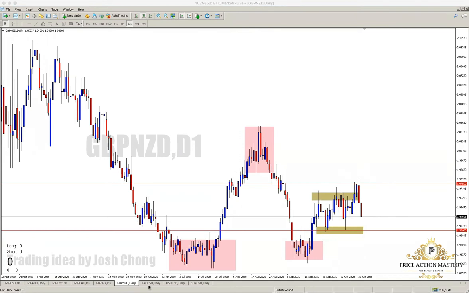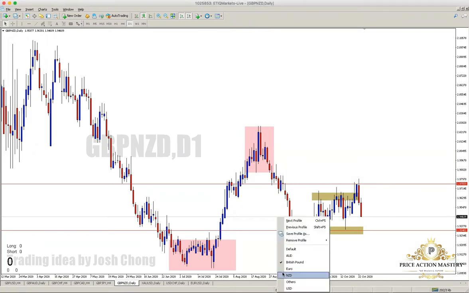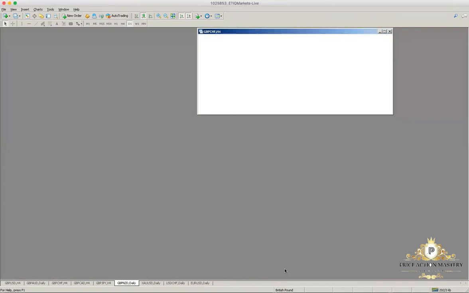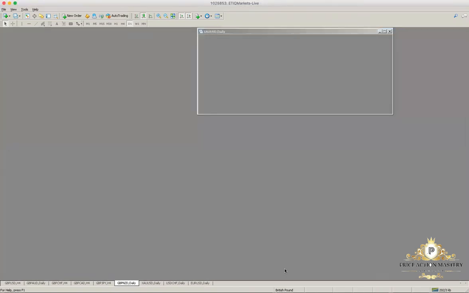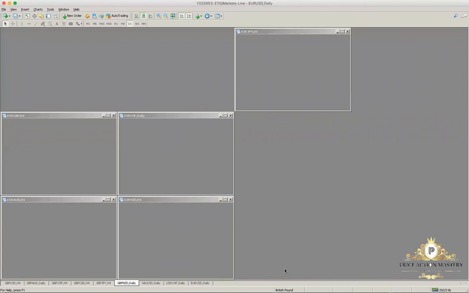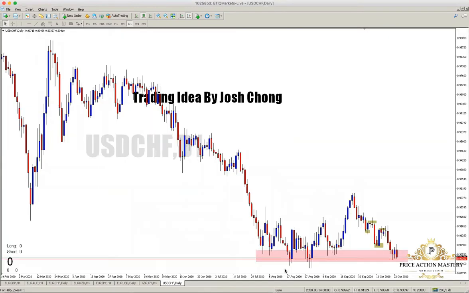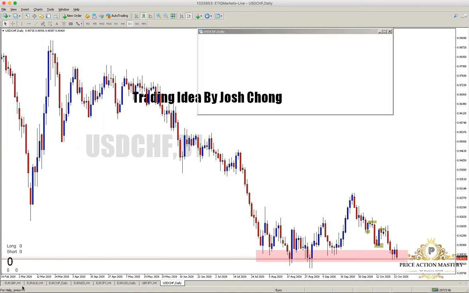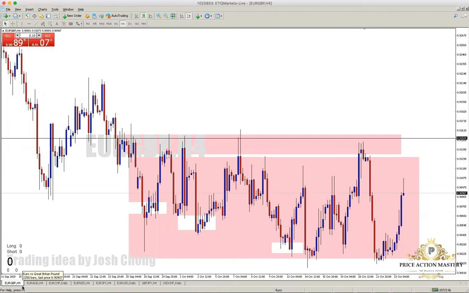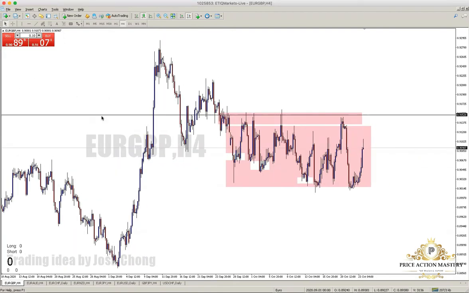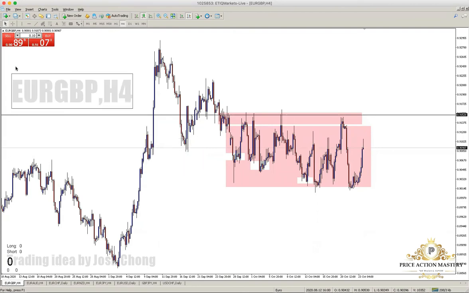Okay, the next will be euro pairs. The first we look into is euro GBP.